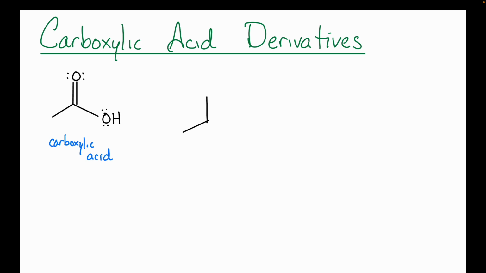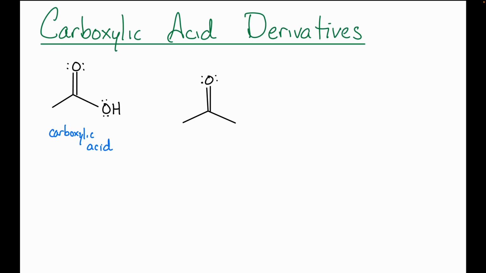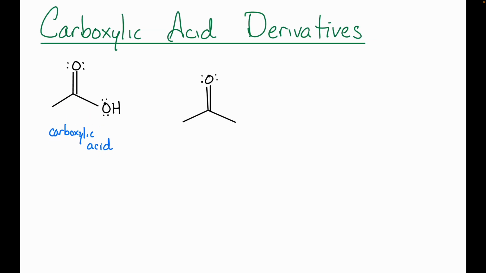We can put one of those very electronegative halogens on there. These are what are called acyl halides. This particular one would be an acyl chloride because there's a chlorine there.